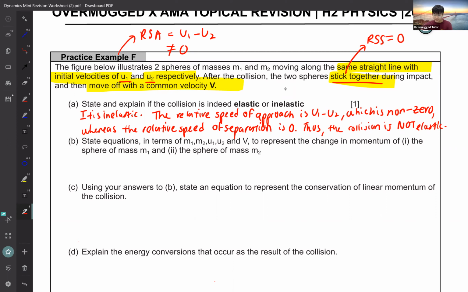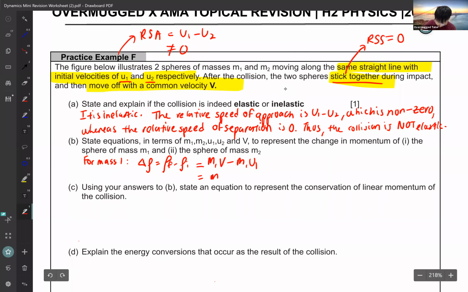Now, they want you to state in terms of M1, M2, U1, U2, and V the change in momentum of, firstly, the sphere of mass 1 and the sphere of mass 2. So first one, for mass 1. Change in momentum is final momentum minus initial momentum, which is M1V minus M1U1.